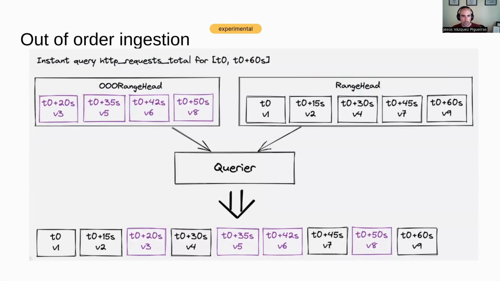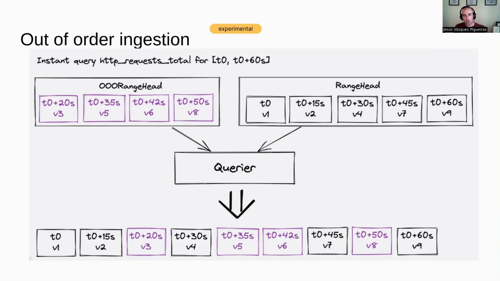This picture represents it a little bit. The box "out of order range head" on the upper left side is the thing that we added. Now all the out-of-order samples go into that box. On the right side, the range head is what Prometheus already had, which is where the in-order samples are stored.